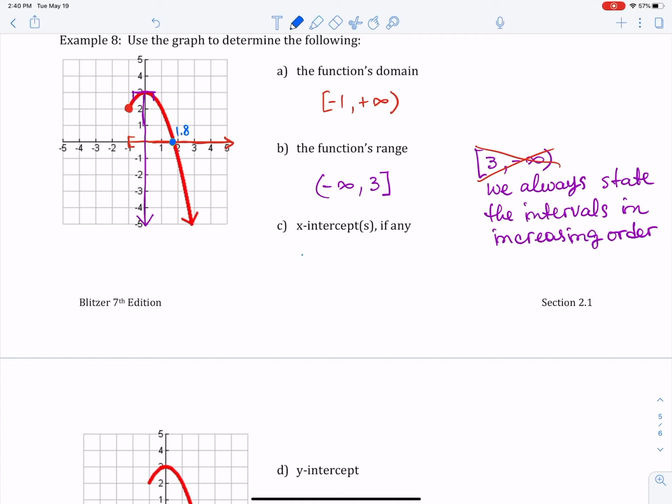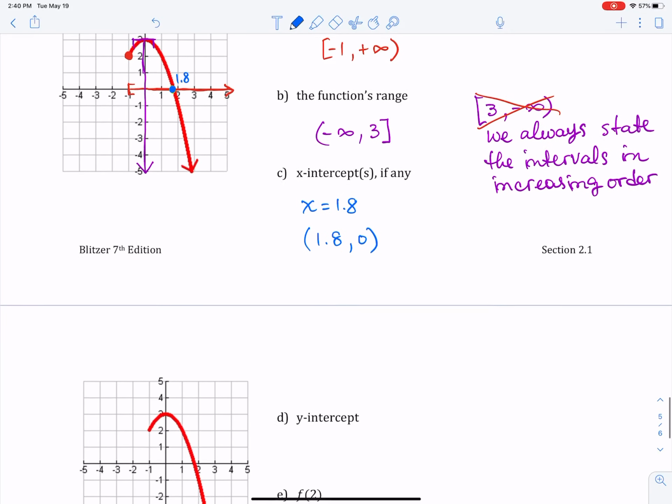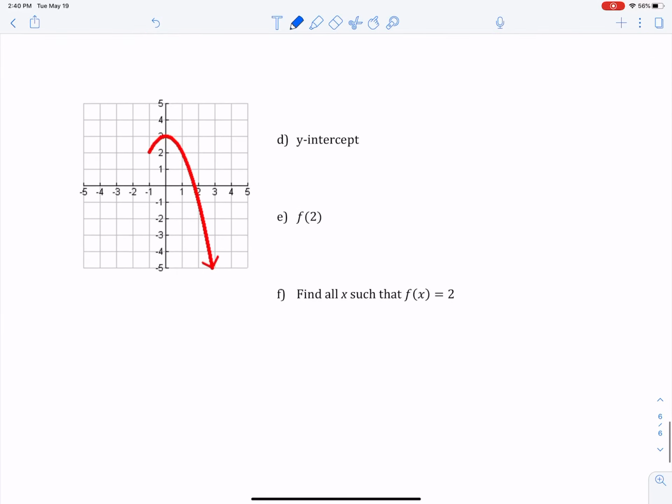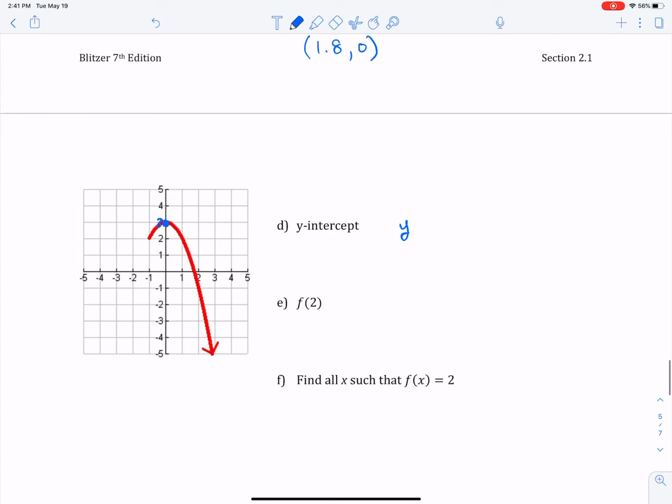And I'm going to say, well, the x-intercept is at 1.8, or if I wanted to write point notation, I'm going to say (1.8, 0). What is the y-intercept? Well, the y-intercept looks like it's right at the top of this graph, which is the number 3. So I'm going to say the y-intercept is y is equal to 3, or in point notation that's going to be (0, 3).